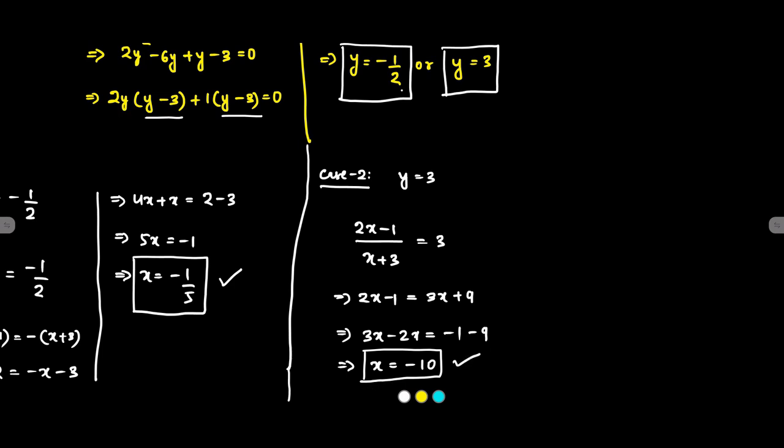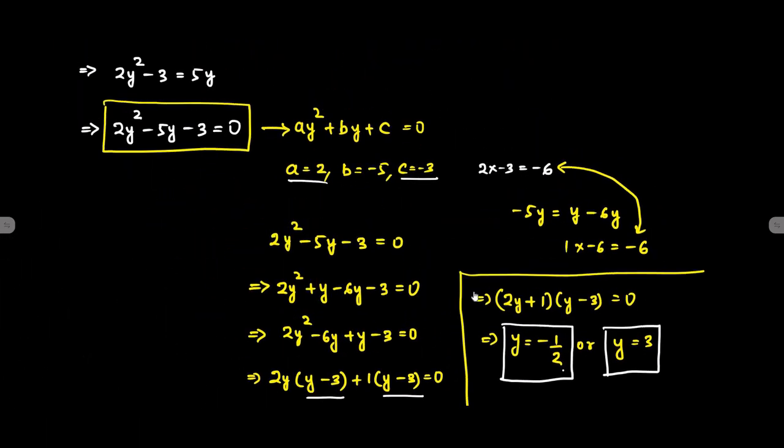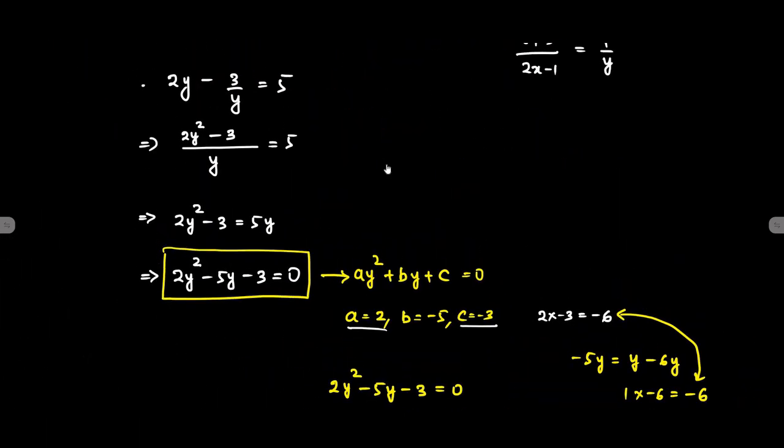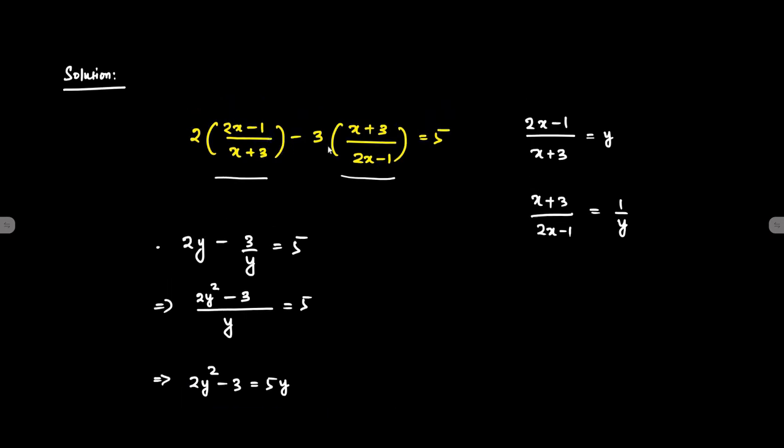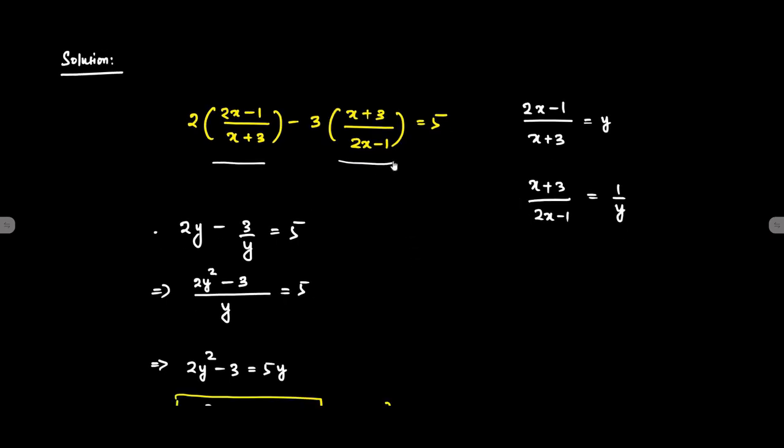So here we solved this in a different way. Here we went for substitution. We identified an important pattern: it was (2x minus 1) by (x plus 3) and here it was (x plus 3) by (2x minus 1), the reciprocal of each other. So we went for substitution and we simplified it, and it was comparatively easy.